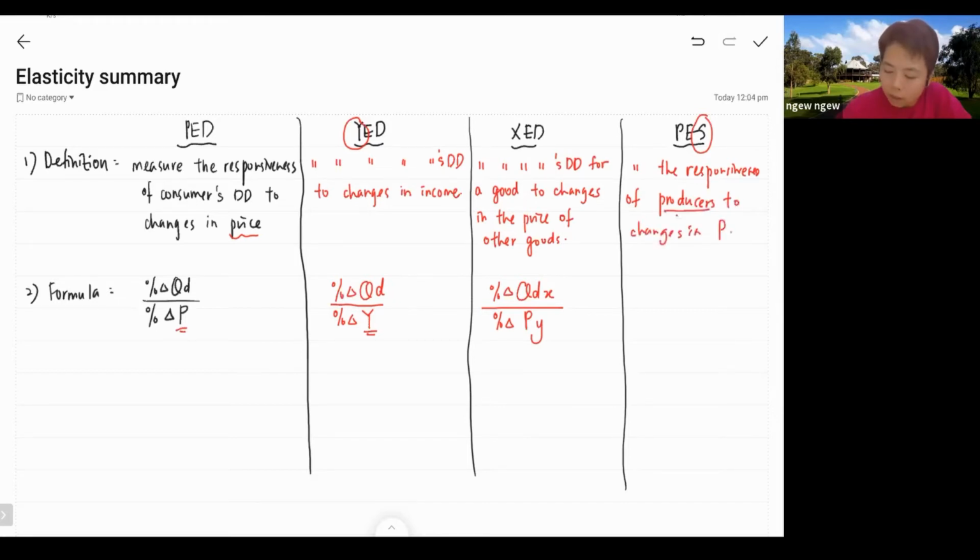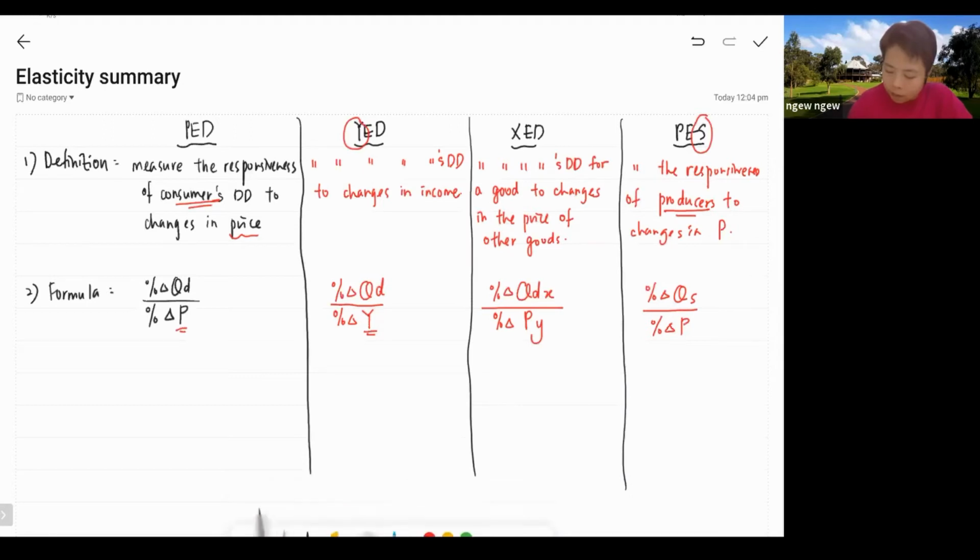So this will be the major change. And for the formula, the top part is still Q, but this time around it is quantity supplied, and then the bottom part is price. That's how it works.